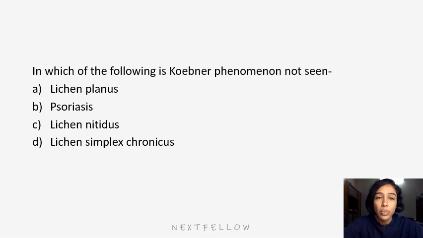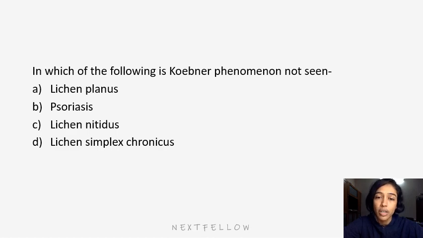In which of the following is Koebner phenomenon not seen? Lichen planus, psoriasis, lichen nitidus, or lichen simplex chronicus? So we know it's seen in lichen planus, psoriasis. Lichen nitidus is a condition in which you have follicular papules classically seen in children.